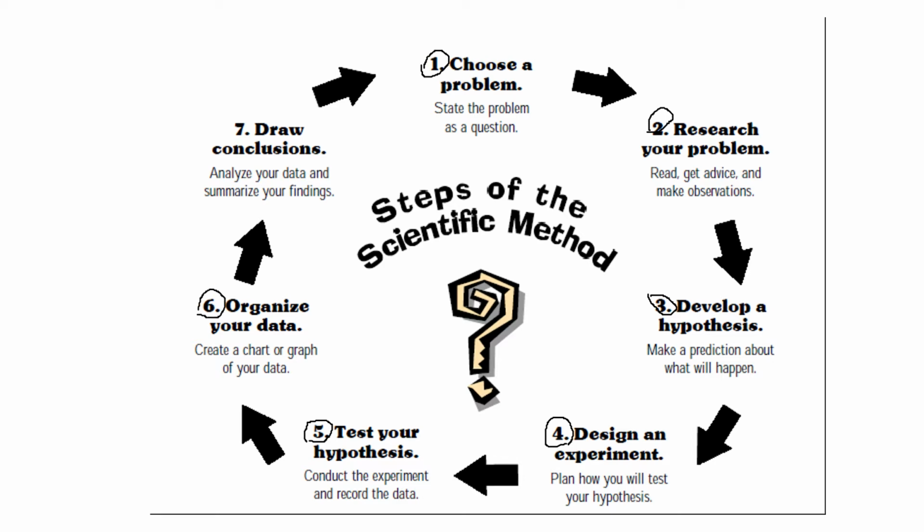Step number 6, you're going to take all those findings that you documented and recorded, and you're going to create a chart or a graph to show what you learned in that experiment, what worked, what didn't work, what findings you had, and really organize all that information.